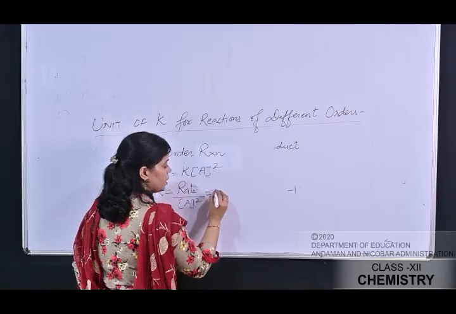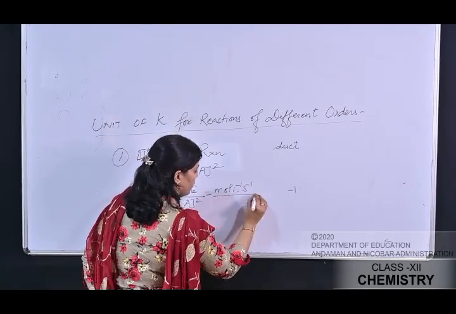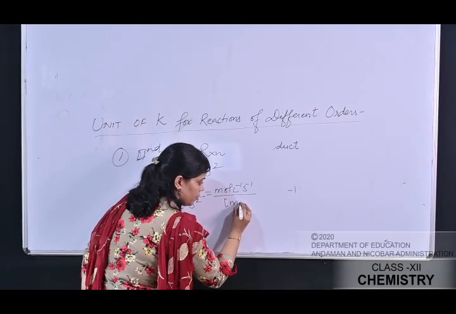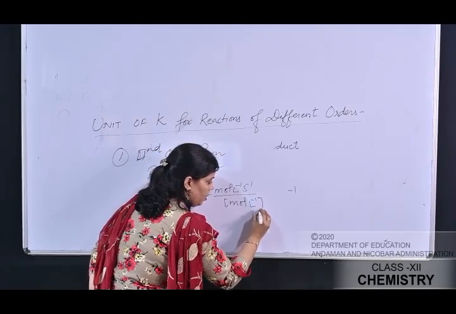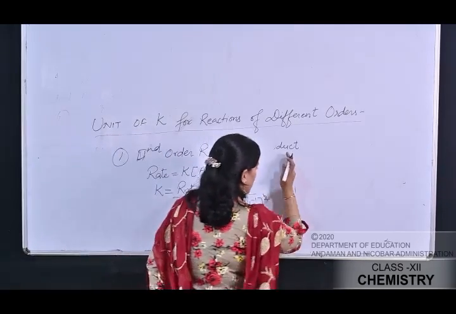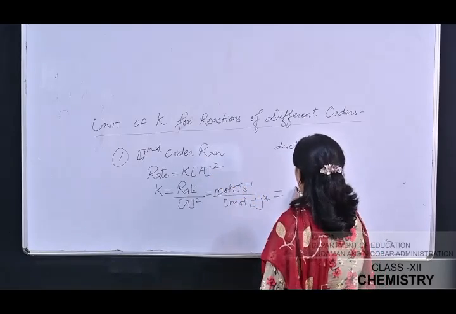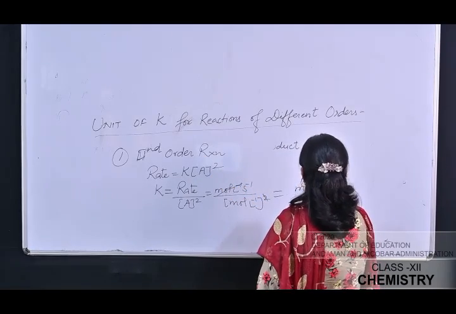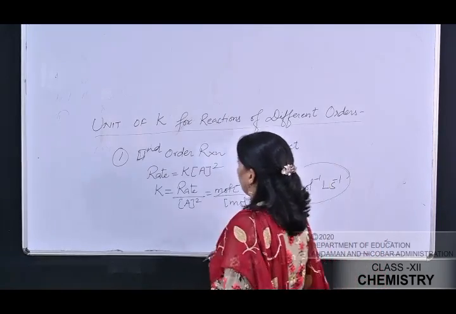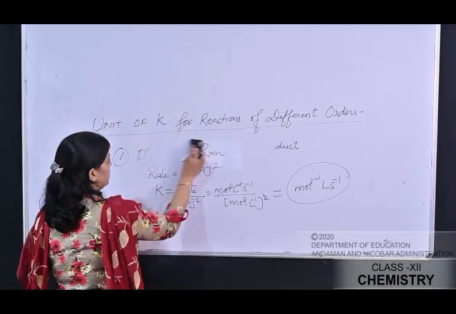The unit of rate is mole per liter per second divided by the unit of concentration, mole per liter, whole square. After this cancels out, one quantity is left. Then we get the unit of rate constant for the second order reaction, that is mole inverse liter second inverse.